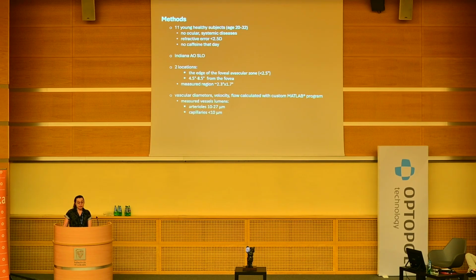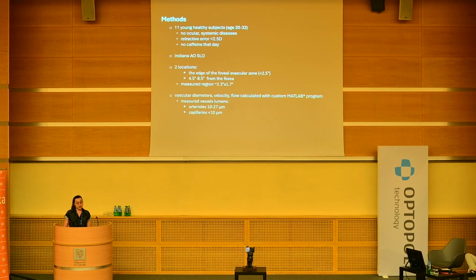We imaged 11 young, healthy participants with no ocular or systemic disease, and their refractive error was below 2.5 diopters. We asked them not to consume any form of caffeine before the experiment that day.